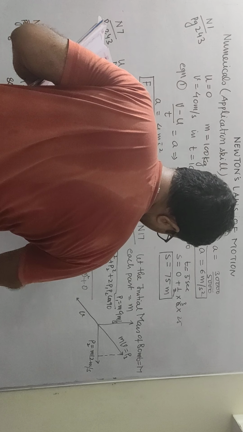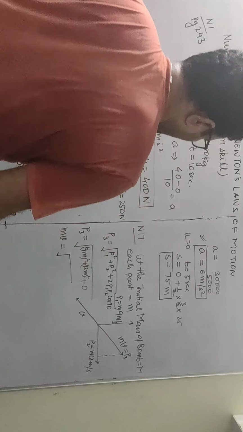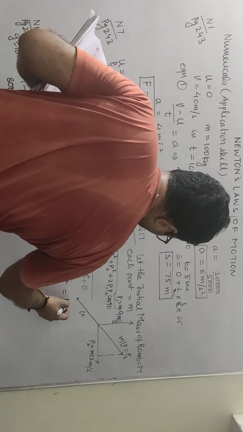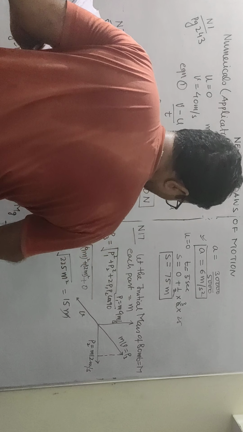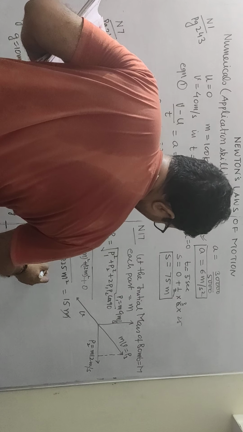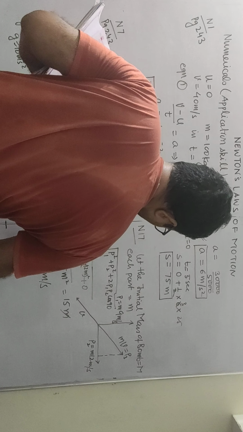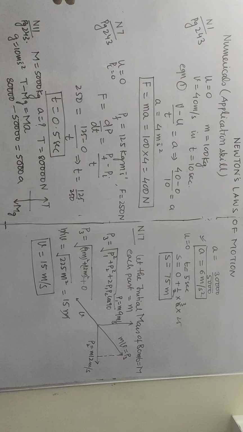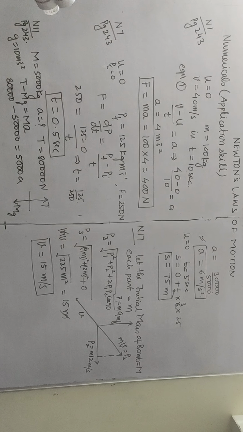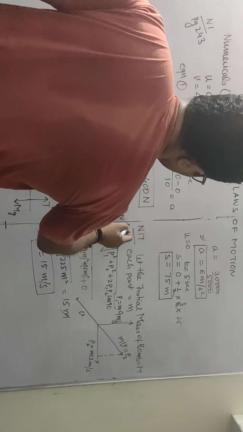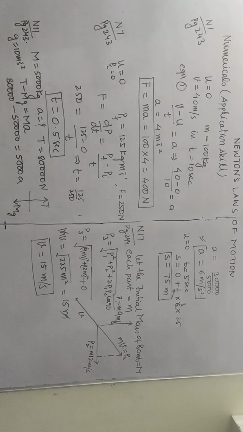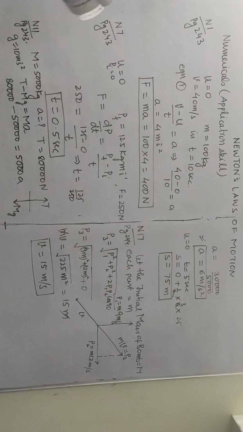So this becomes 225 m square, which is 15m. So here you can see that velocity is 15 meter per second. This is a conceptual problem, important problem. You need to do this with a lot of concentration. This is again of page 244, numerical number 17. Now next.